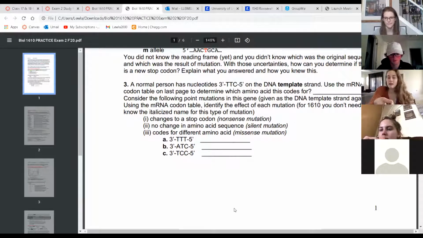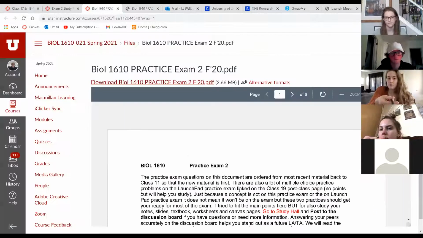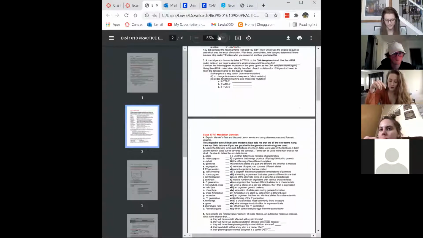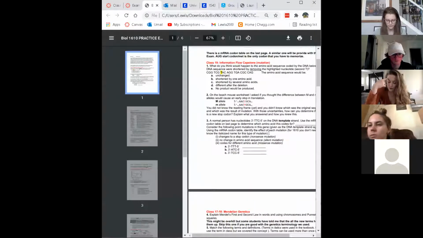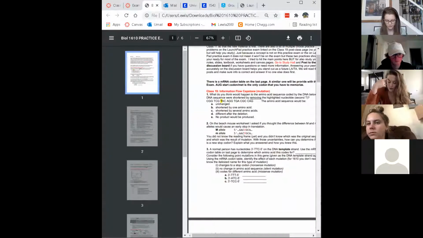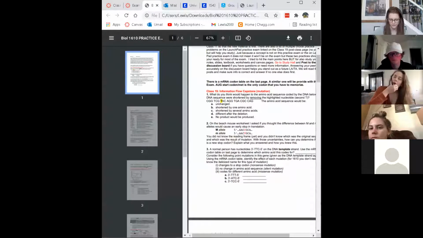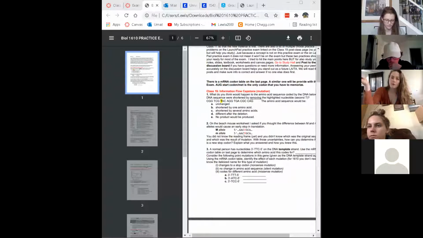I think the first step is to look at the fact that we're given a template strand and we need it in mRNA. Yeah. So I think what it ends up being is, okay, which way do you read mRNA? Yeah, so you read mRNA 3' to 5', right?